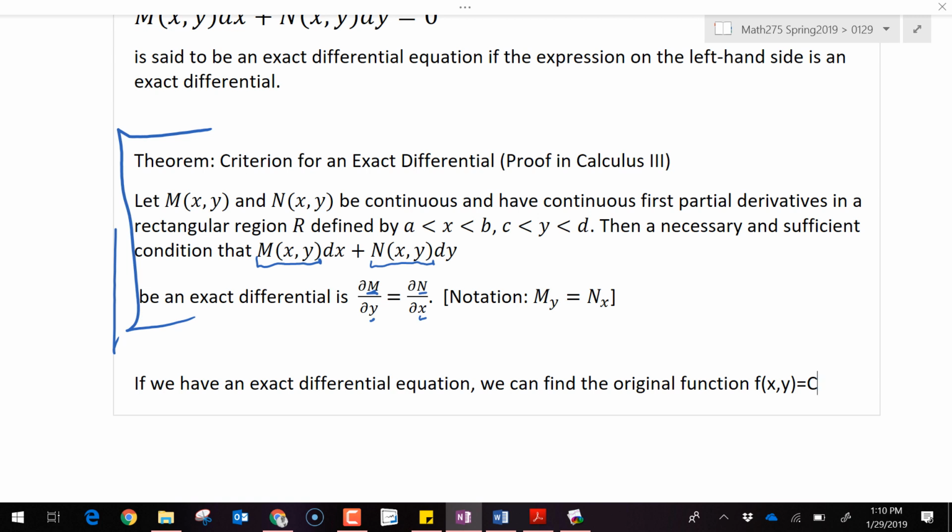And so now that function turns out to be an equation with just an x and a y. So that gives you a relationship between x and y, and it could give you an implicit solution.